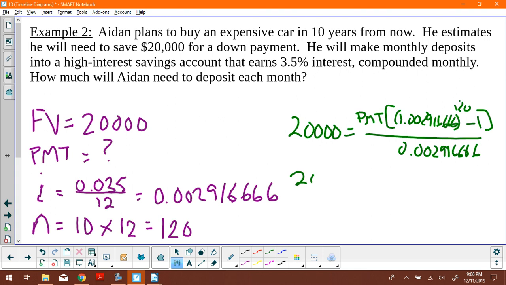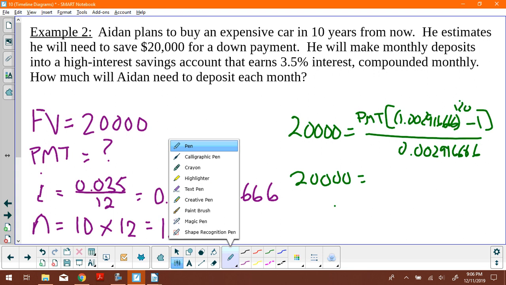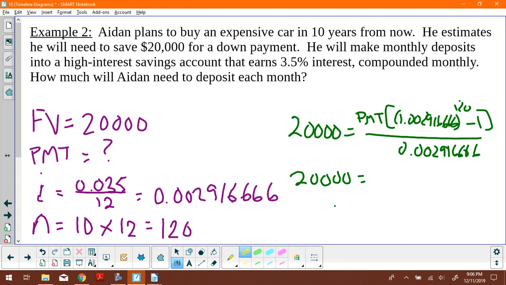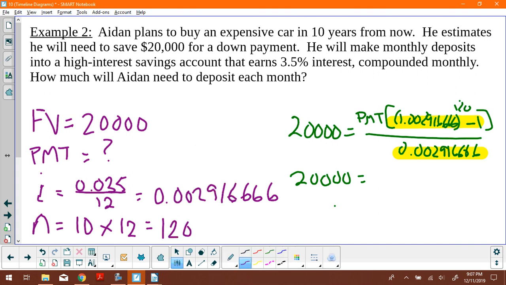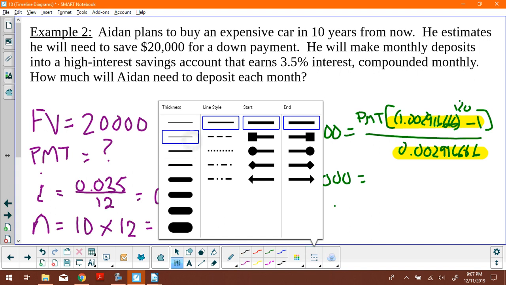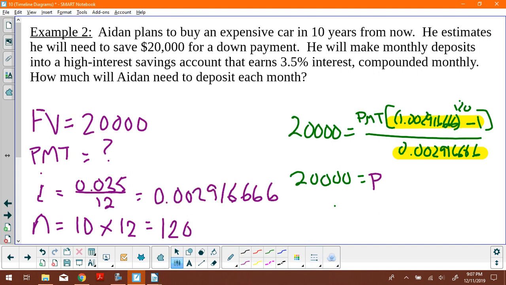There's a couple ways you could approach this. I'm going to tidy up on the right-hand side first. I'm going to run this part through my calculator and divide it by there, so I just have a coefficient to go with my payment. So when I run that side, I'm going to have PMT times, and what do we got here?